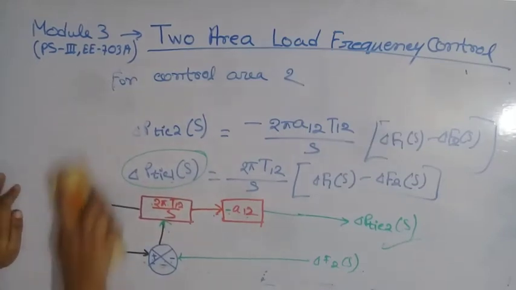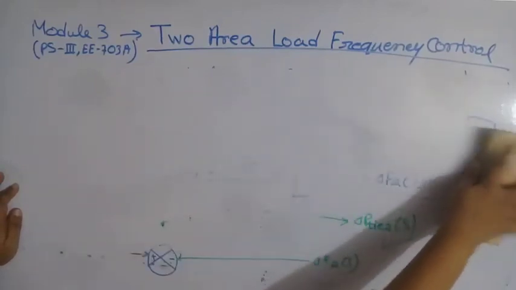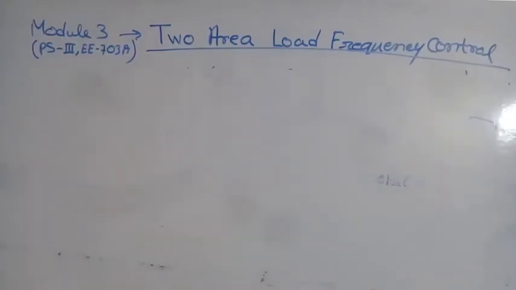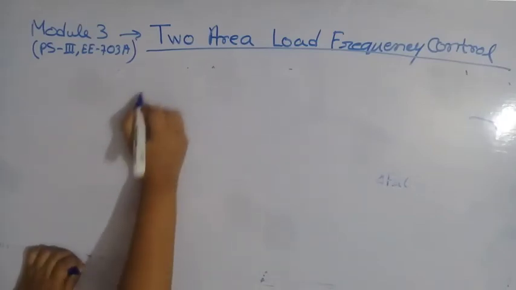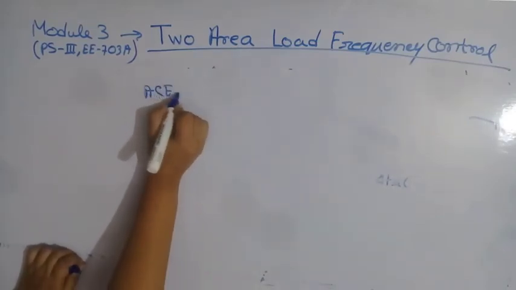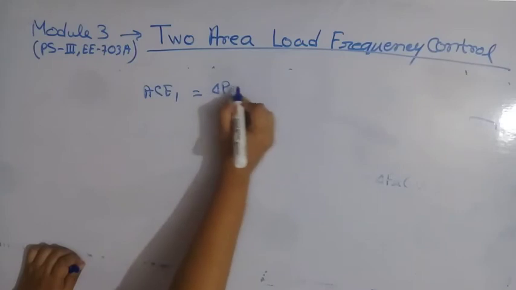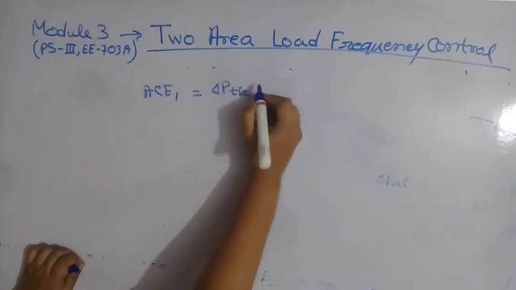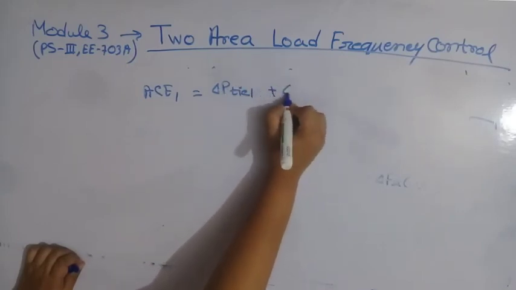So for control area 1, the area control error ACE1 is equal to delta P tie line power 1 plus B1 times the change in frequency.